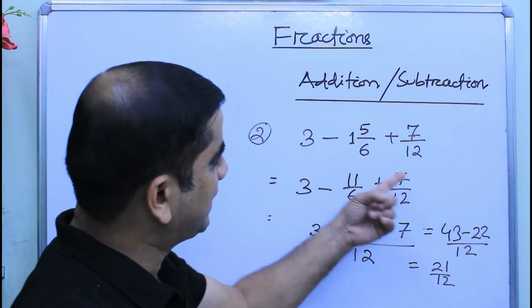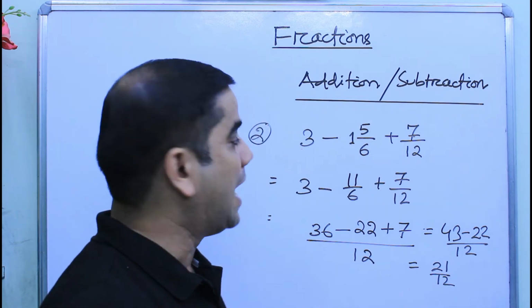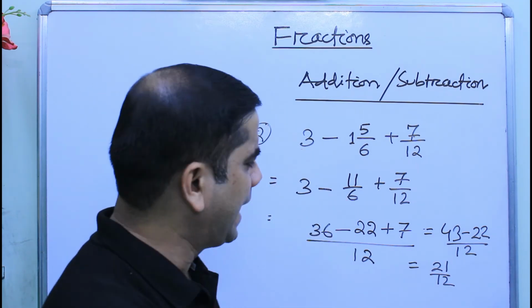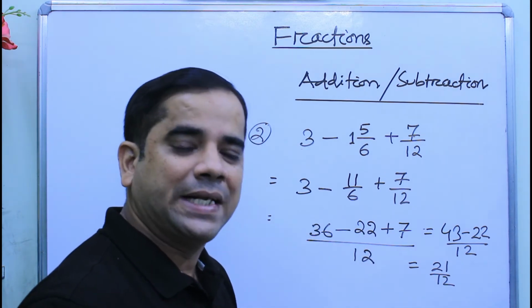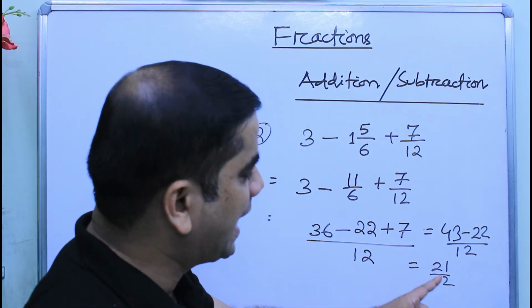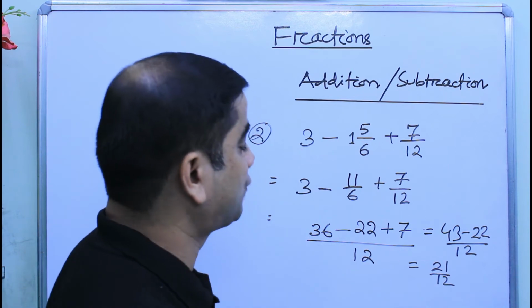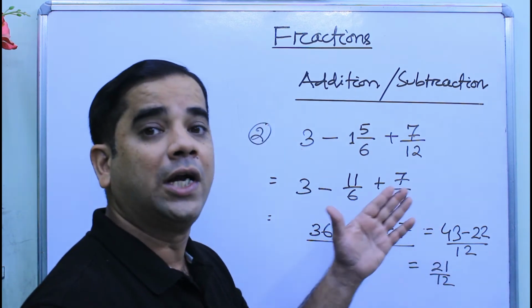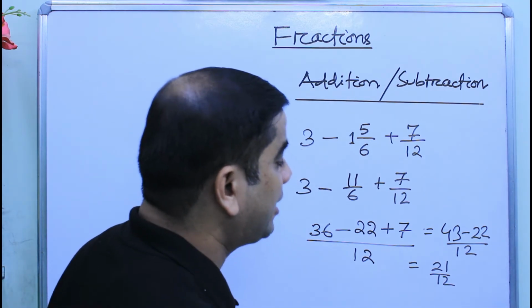Students, we have solved these questions and now we have 21 by 12 as the calculation. Okay, but you need to understand that we should always represent the fractions in their reduced form. So we should represent 21 by 12 in its reduced form. That means we need to divide 21 and 12 by their HCF, which is nothing but 3.